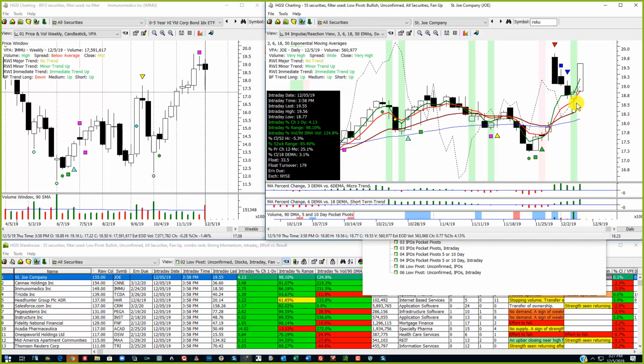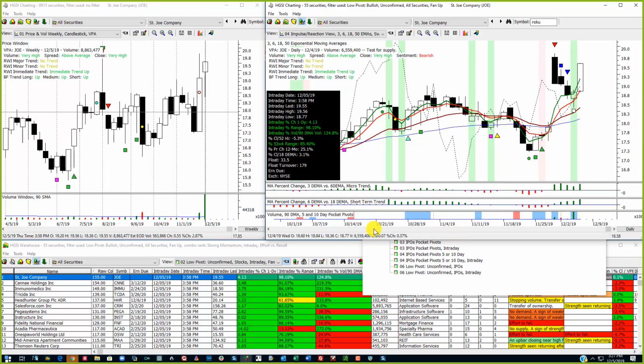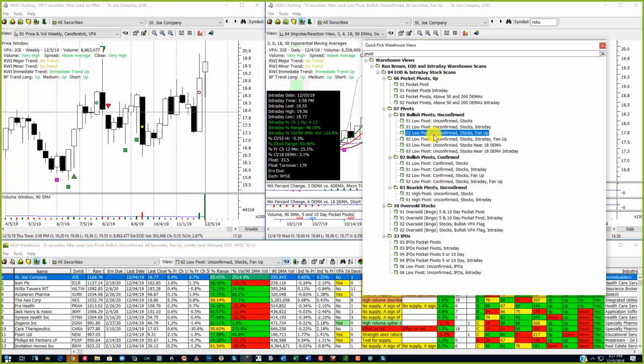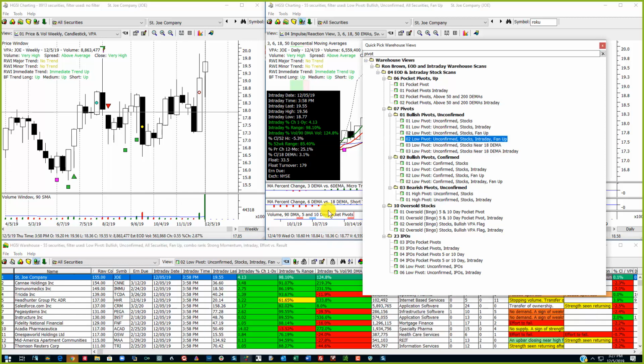So as of last night, and I didn't notice this before, fan up, this was end of day last night, and St. Joe Company was on top according to this combo, or the demand. It was the most in demand stock, and it just happened to follow through today.